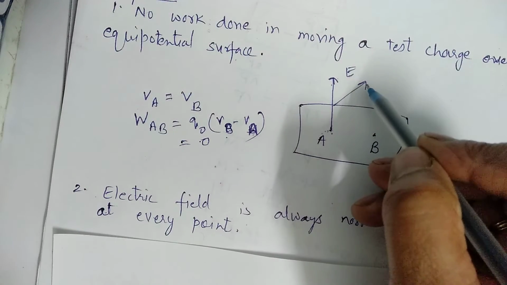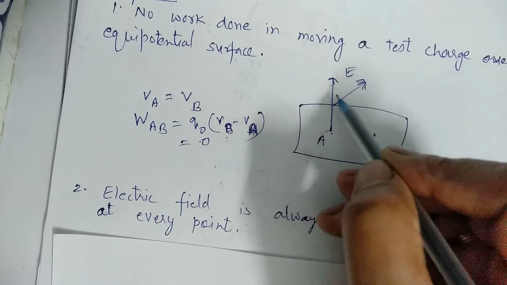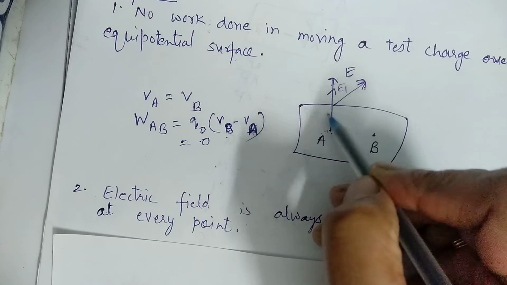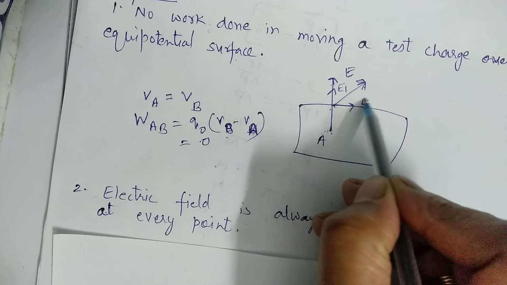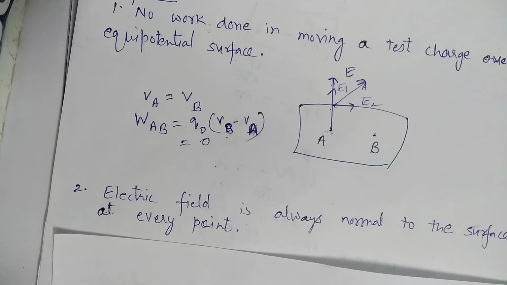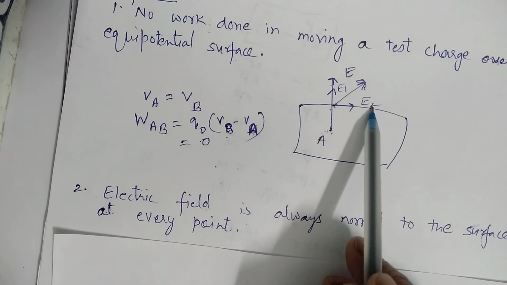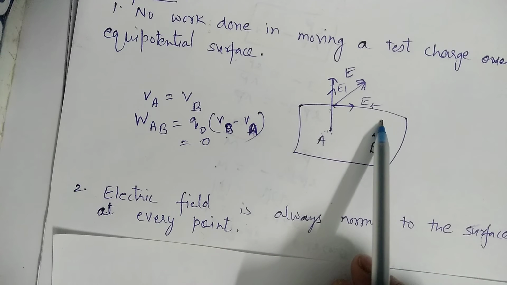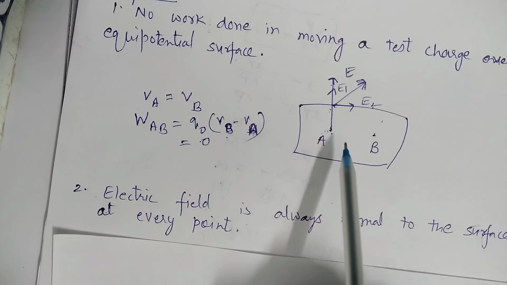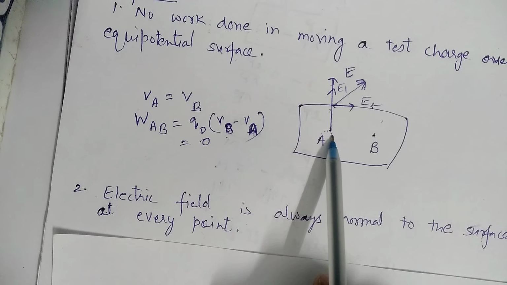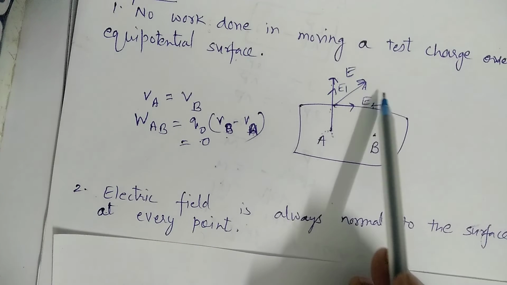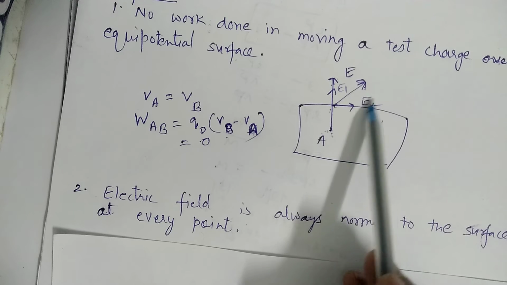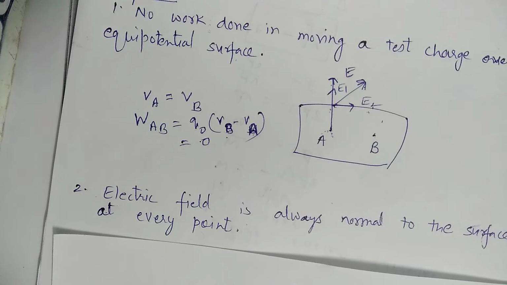Now when it is making an angle, it will have two components, one component perpendicular to the surface, another component along the surface. Because of this component of the electric field along the surface, some work has to be done in moving a charge from A to B against the electrostatic force due to this electric field.